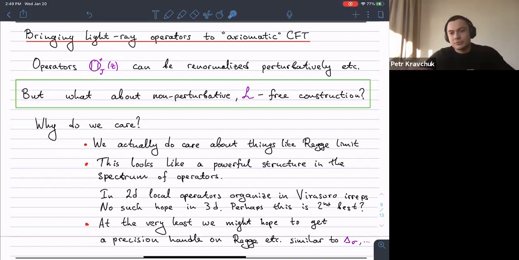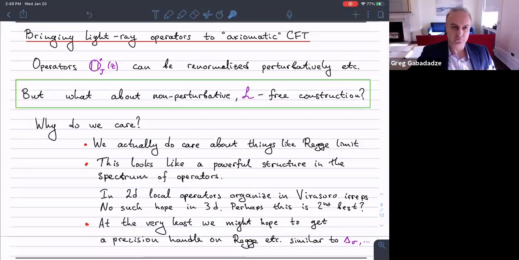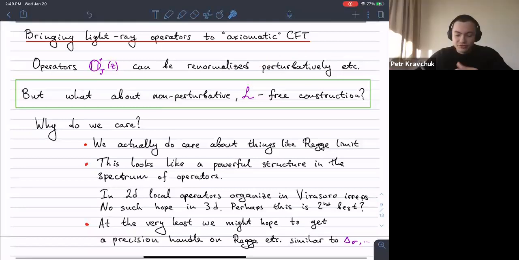So I'm coming to something novel, yes. Thank you. So perturbatively, people have studied this for a while, but the contribution that I'm trying to describe is that we have now some non-perturbative understanding of these operators, which is also kind of a Lagrangian-free description.